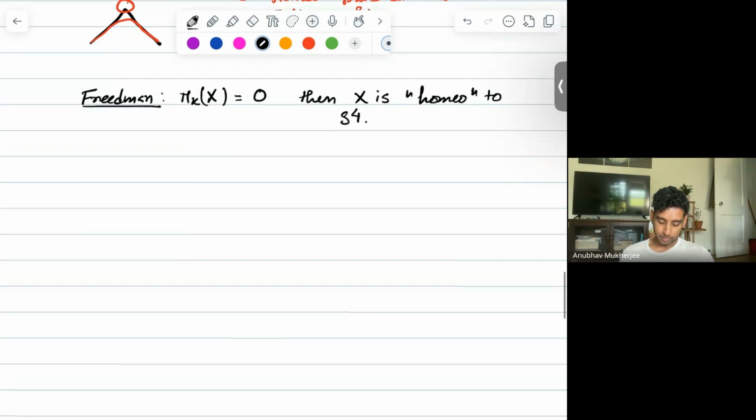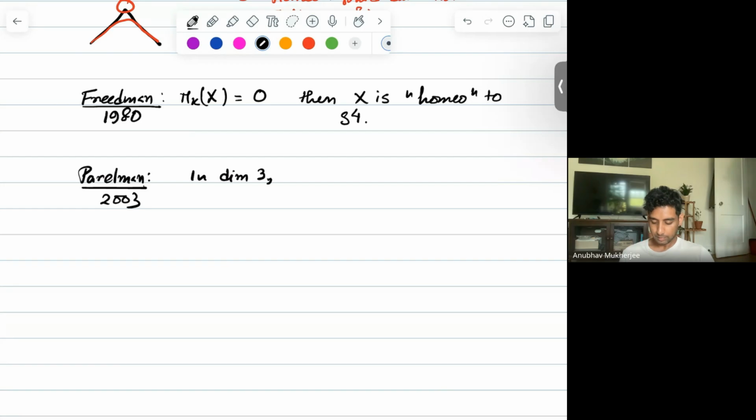And then finally, Perelman came in 2003. So this is 1980. This is 2003. And he proved that in 3 dimensions, it is diffeomorphic to the sphere.